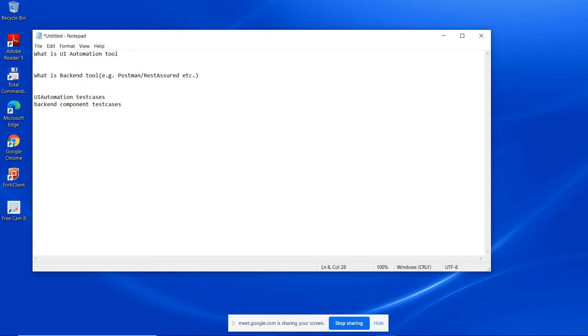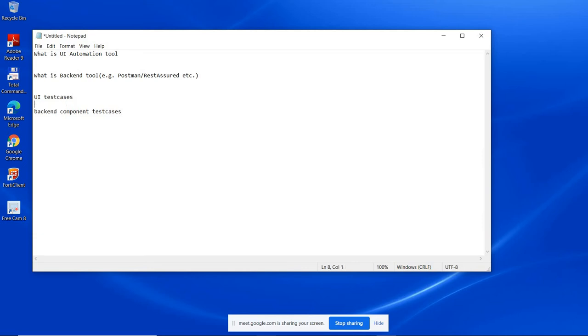Now what are UI test cases? UI test cases means the test cases which we run by interacting with the interface of our application. Let's call them UI test cases instead of UI automation. So, UI test cases and backend component test cases.